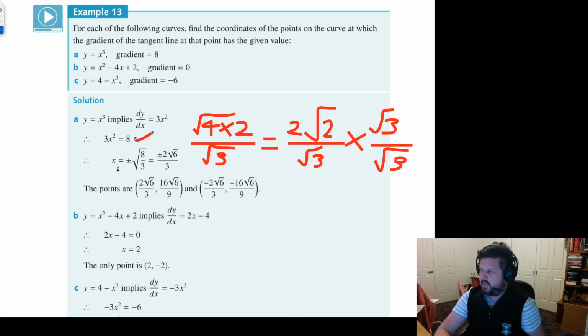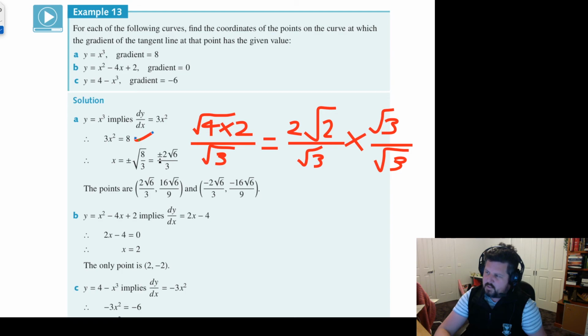Now, once you have found out the values of x that allow for this gradient, we can plug this value back into the original equation to find out its corresponding y coordinate. So plugging positive 2 root 6 over 3 back into x cubed, we get its corresponding y coordinate.